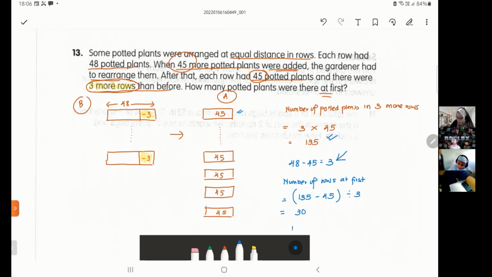Okay, so number of potted plants at first is 30 rows times, at first it's 48, right? Times 48 equals to 1440. That's the answer. Okay.